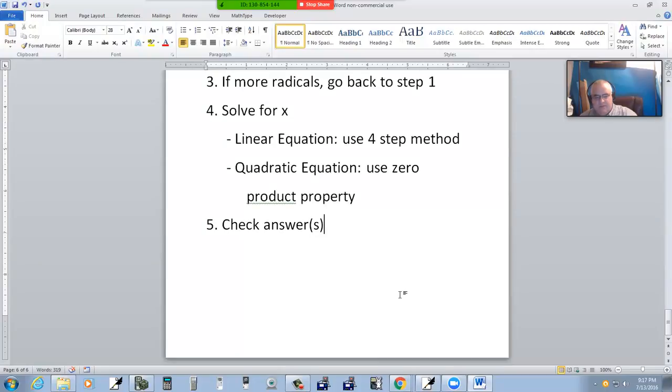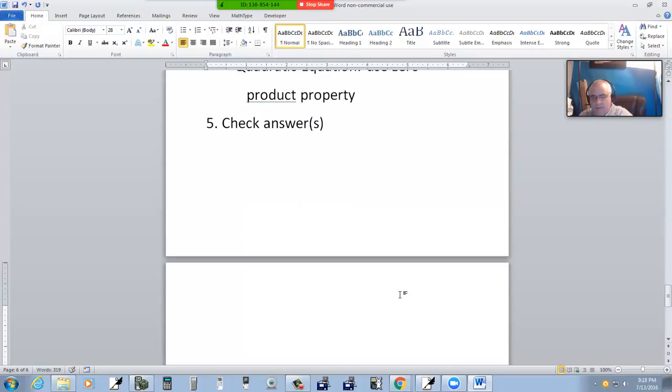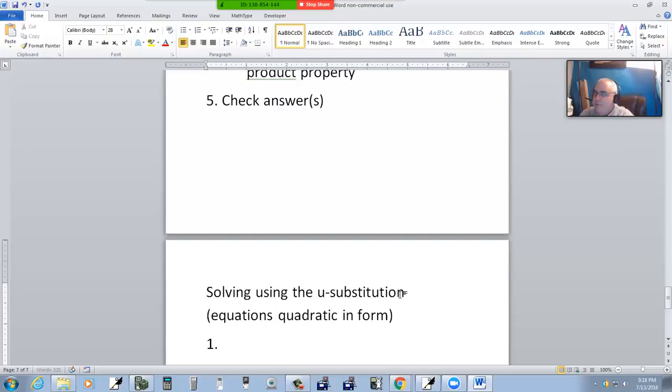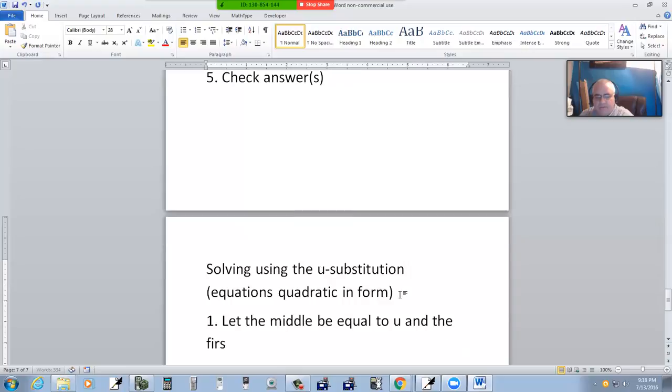This is solving using the u substitution. And most books refer to that as equations quadratic in form. Step 1. Let the middle part be equal to u, and the first part be equal to u squared.